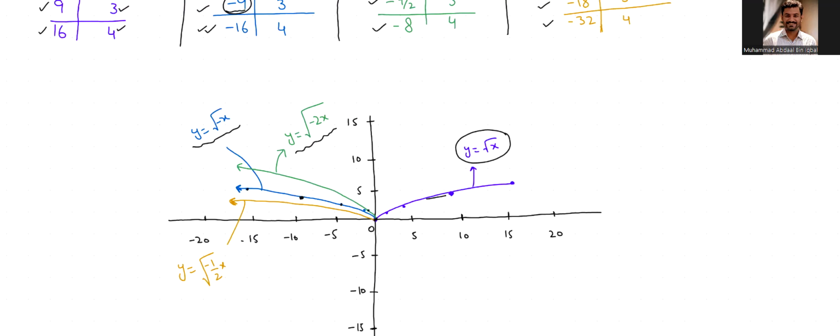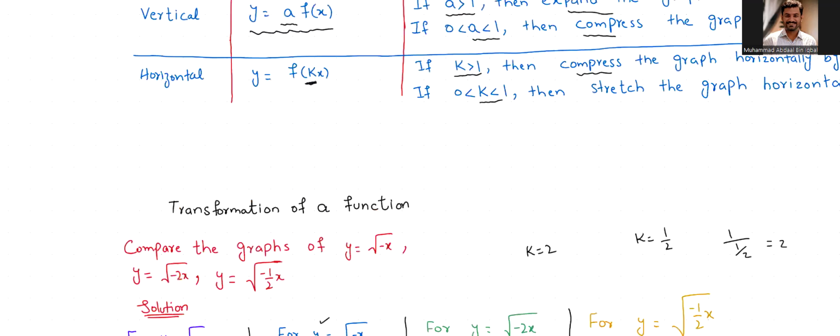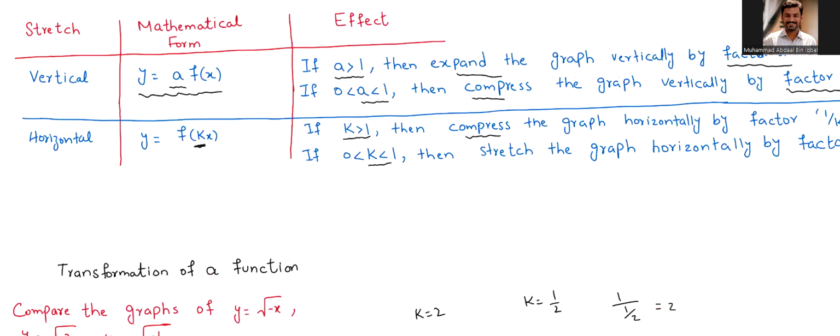Now you can see that if the k value is greater than 1, then the graph compresses horizontally by a factor of 1 over k.